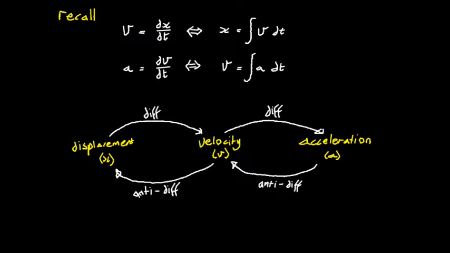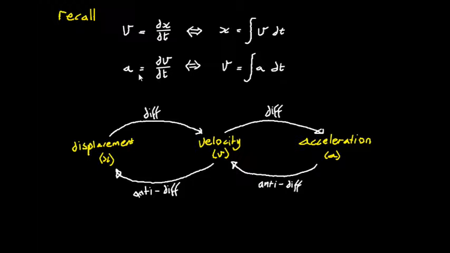So if we recall from the last chapter when we were looking at differentiation, we can find our velocity by finding the derivative of our displacement, dx/dt, and same with our acceleration, we can find that by finding the derivative of velocity.